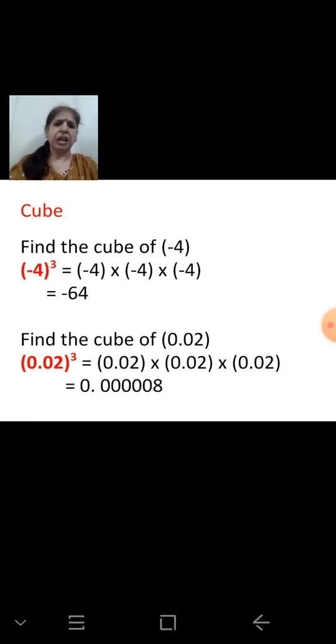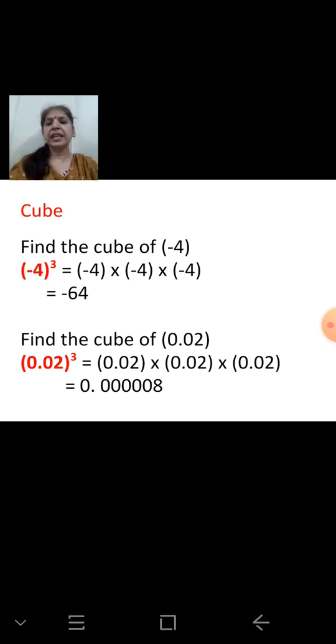Next, find the cube of negative 4. First write in index form. It is a negative number, so write in bracket negative 4 raised to 3. Now multiply it by itself 3 times: negative 4 multiplied by negative 4 multiplied by negative 4. First multiply the numbers. 4 4s are 16, 16 4s are 64.